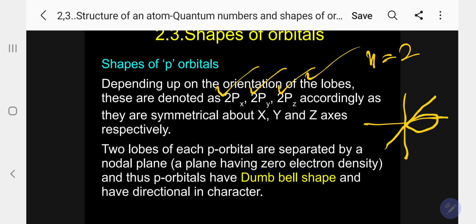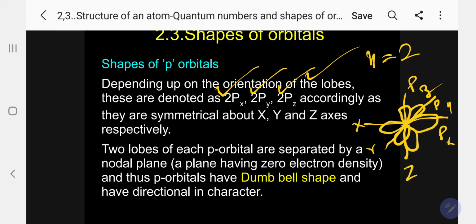So, this is x, y, z. px, py, and pz. Because this is n equal to 2, so 2px, 2py, 2pz. Accordingly, they are symmetrical about the x, y, and z axis respectively.